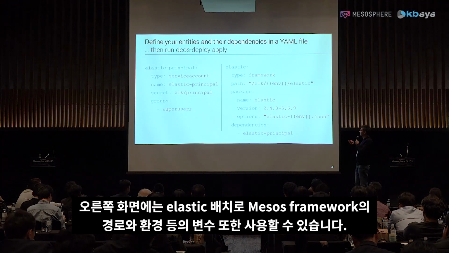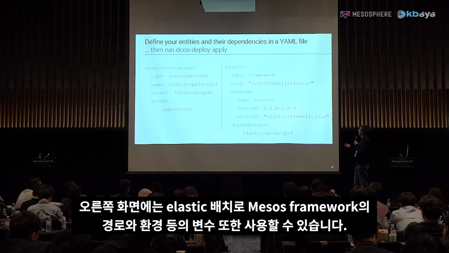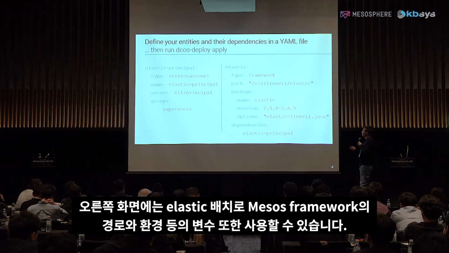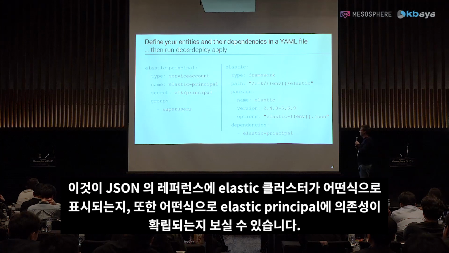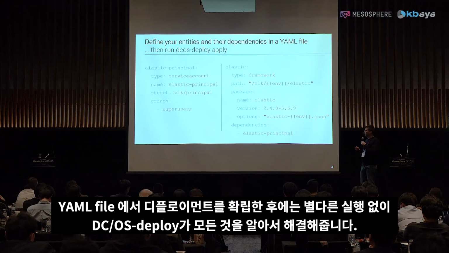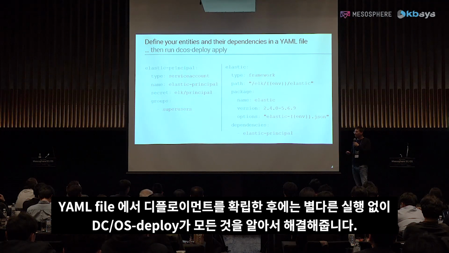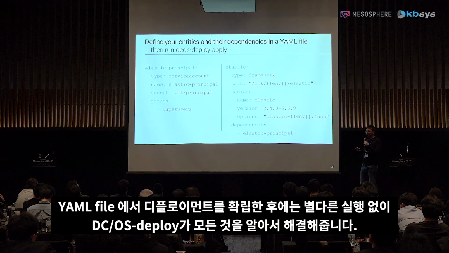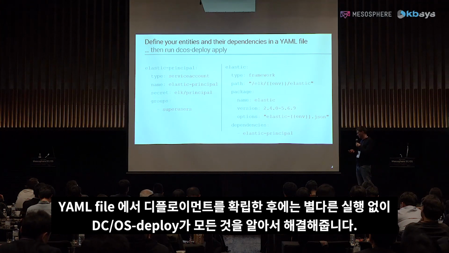It's typed like a Mesos framework, and it says where it's going to be started, in which path. As you can see, we can also use variables, in this case the environment. And we have here some options referenced in JSON, how the elastic cluster should look, and we have to define here the dependency for the elastic principle. And the only thing, after you've defined your deployment in your YAML file, you only have to run dcos apply, and then DC/OS Deploy takes care of everything by itself.